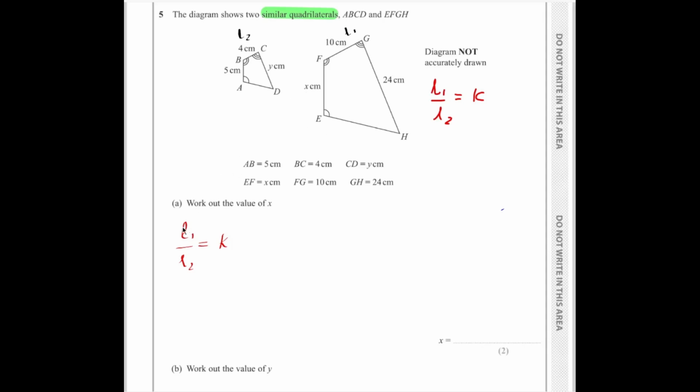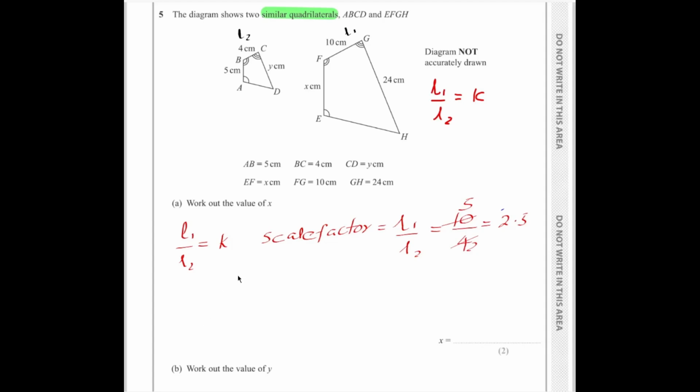So scale factor, in this case, equals L1 over L2, which becomes 10 centimeters over 4 centimeters, which becomes 2.5, because 2 times 2, 2 times 5, 5 divided by 2, 2.5. Now we have the scale factor.